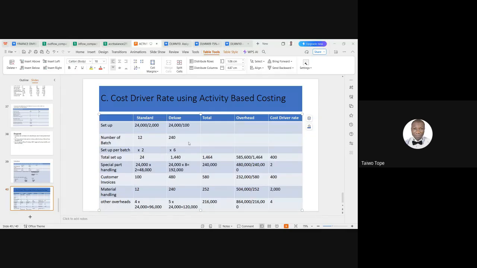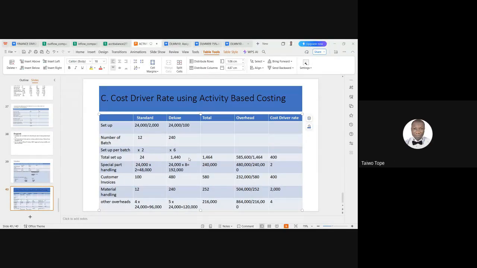So now what we're saying is the rate for one setup is how much? For you to set up a location, how much will you incur? 400. For standard, how many setups do you have? 24.